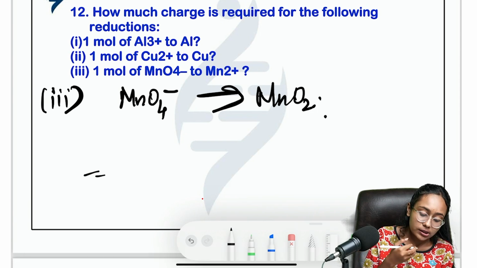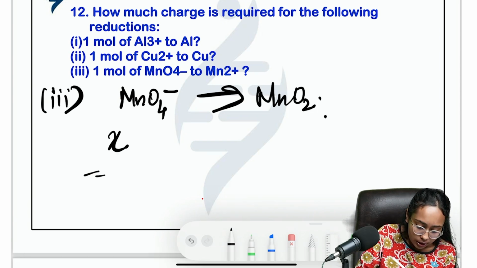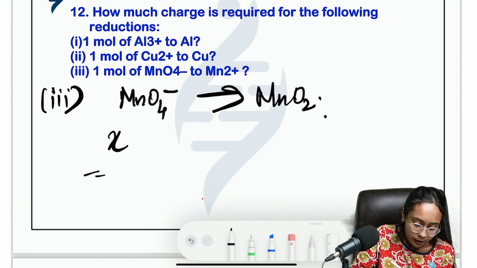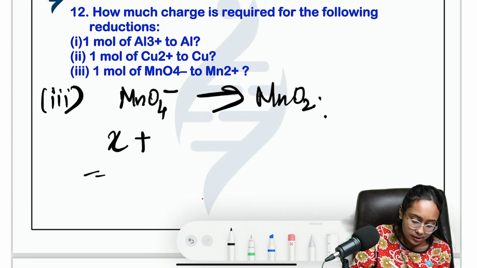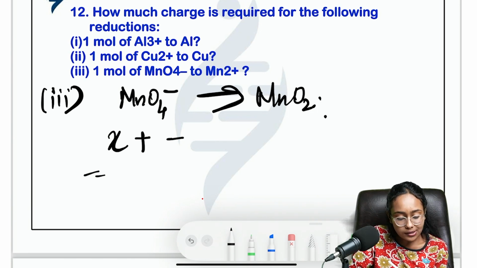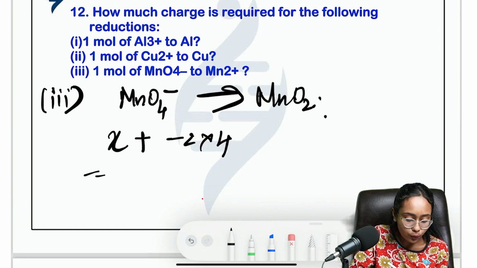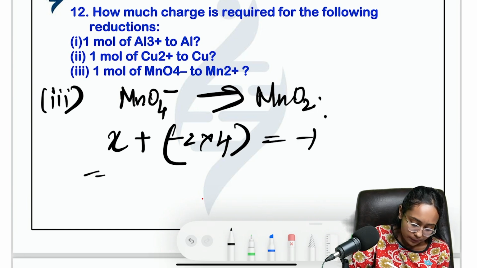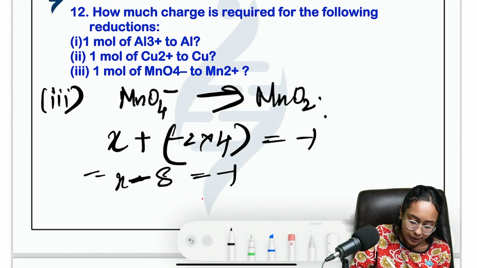So as to find the state of Mn, putting X value for Mn plus oxygen. What is the value of oxygen? Minus 2, right? Minus 2 into 4. The state of oxygen is minus 2. That is equal to minus 1. X minus 8 equal to minus 1. X equal to plus 7.